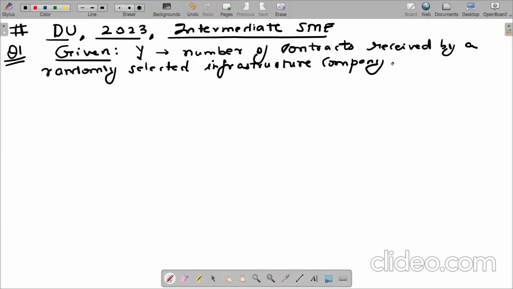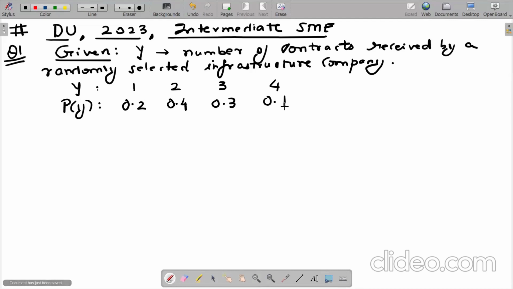We are given the probability mass function of Y. Y takes the values 1, 2, 3, and 4. It takes the value 1 with probability 0.2, 2 with probability 0.4, 3 with probability 0.3, and 4 with probability 0.1. Now this is for one company.